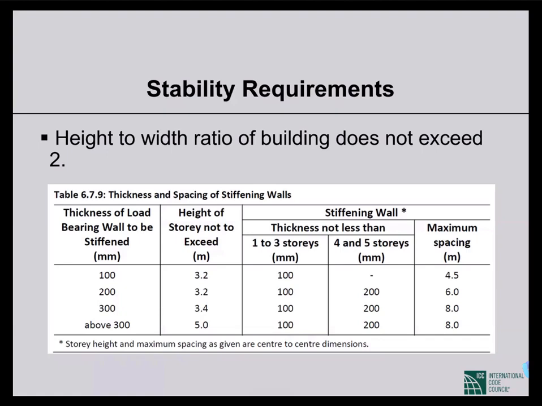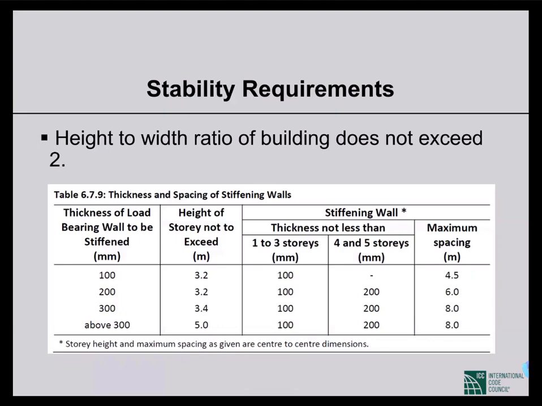If the wall is not slender, the thickness of the wall has to be 250 millimeters or more. In that case, the maximum spacing will be more than 6 meters and like 8 meters.